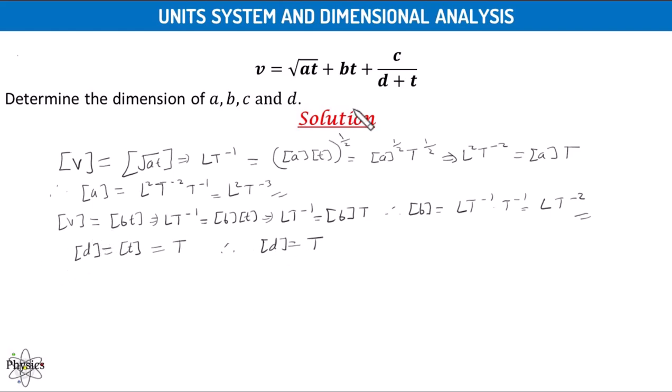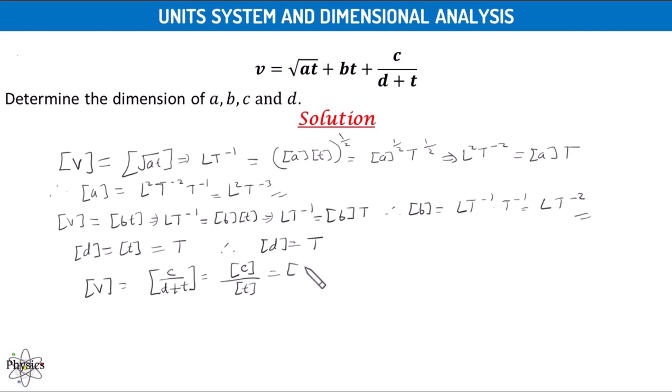Now it remains C. We will take the left hand side, which says the dimension of V is going to be the dimension of C over D plus T. Now this will give me the dimension of C over the dimension of D plus T, which we now know is time. It's going to be just the dimension of time.